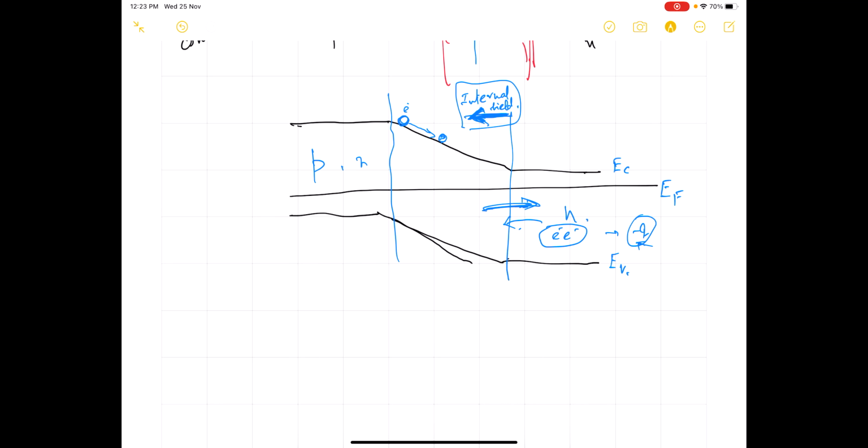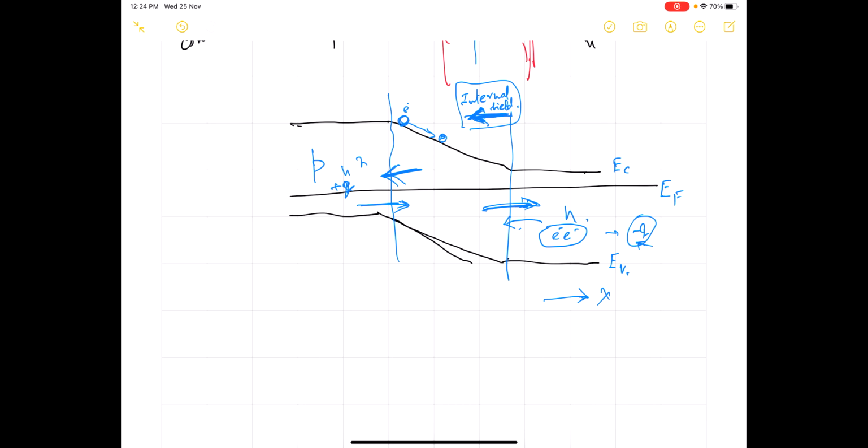In the same way, holes have positive charge, plus q, so the force acts in this direction and prevents further holes from moving in the positive x direction into the depletion region. So this is the p-n junction.